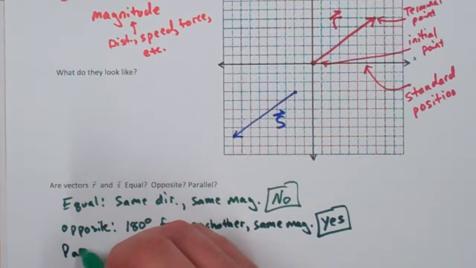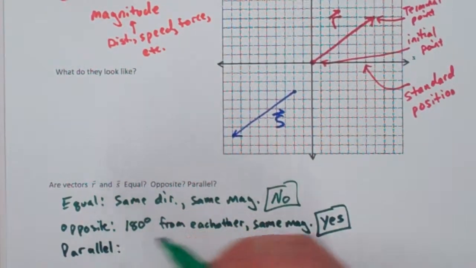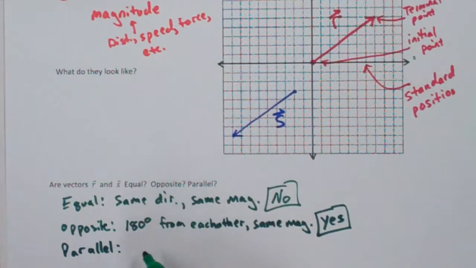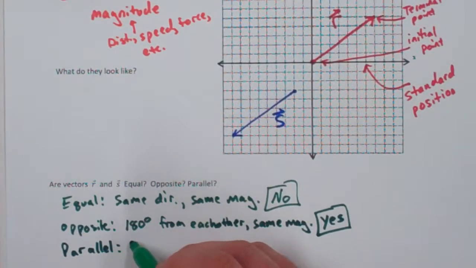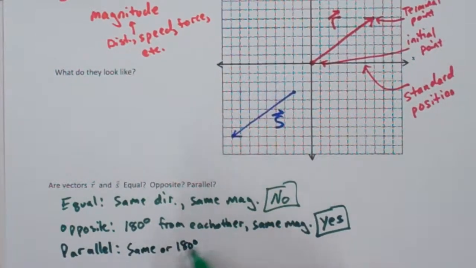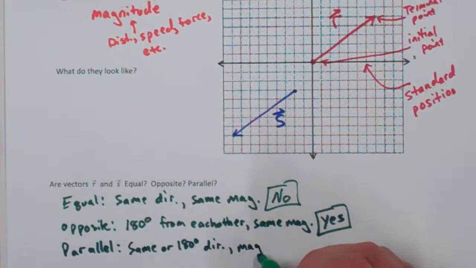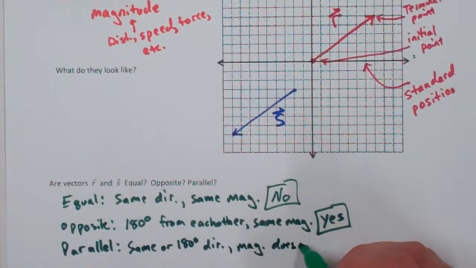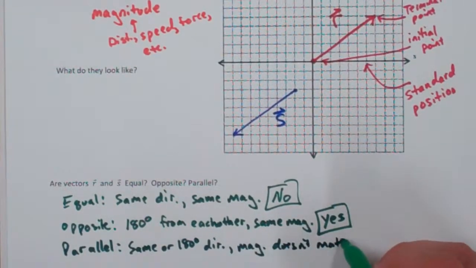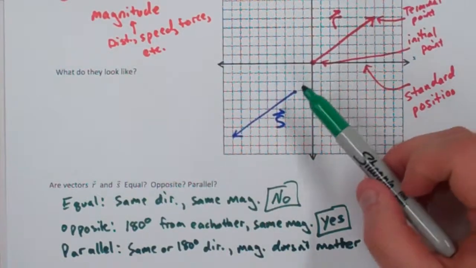For parallel, parallel vectors will be either the same or 180 degrees from each other in direction, and magnitude doesn't matter. And we would say that these are definitely parallel.